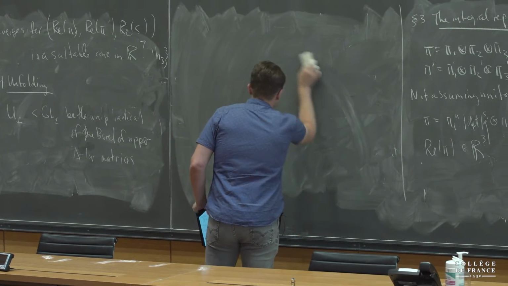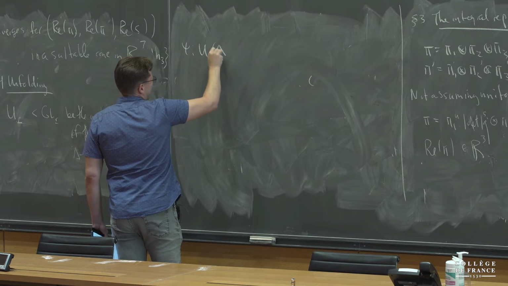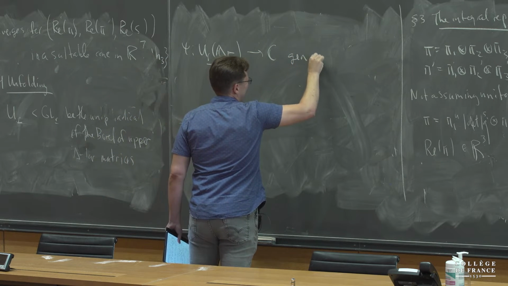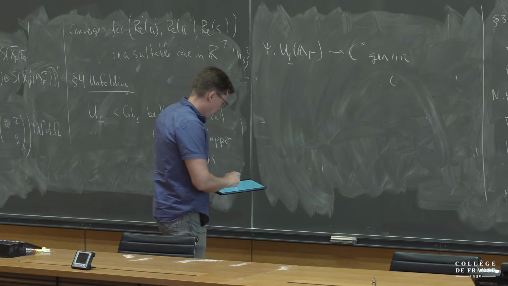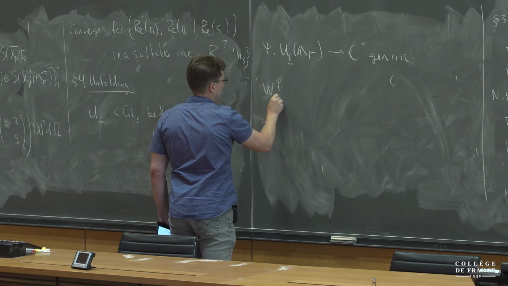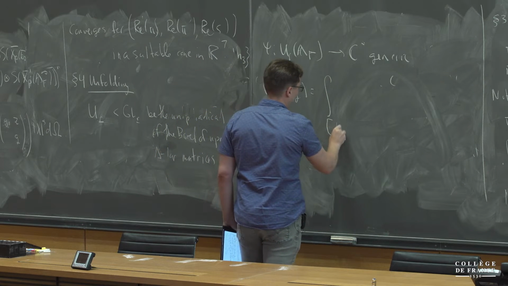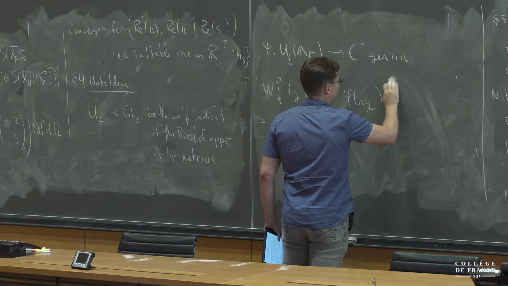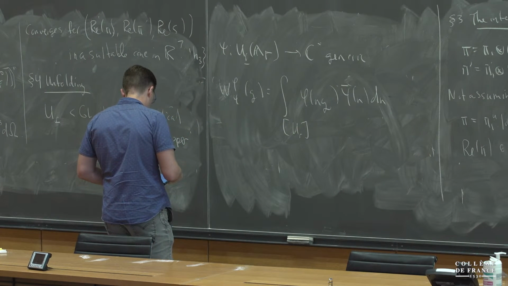So I give myself a generic character, invariant on the left underneath U R F. And then I'll use W phi psi to be the usual Whittaker function. All right, this is the global Whittaker function.